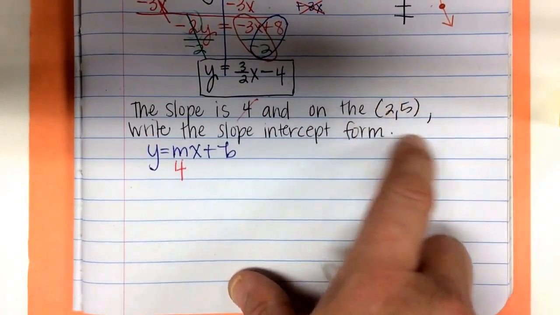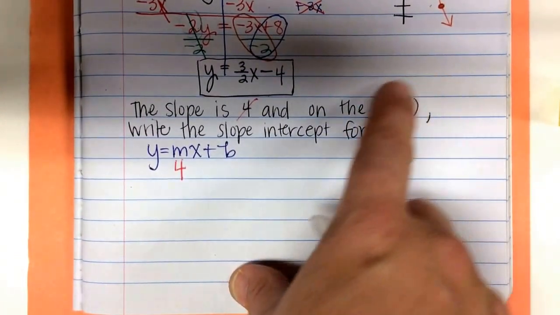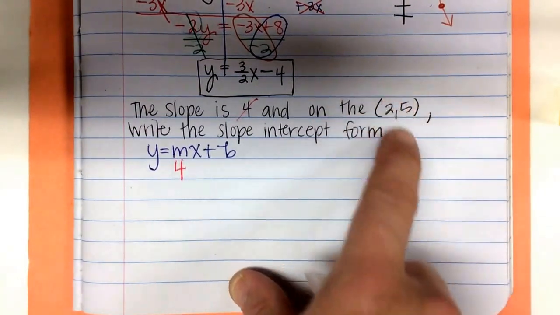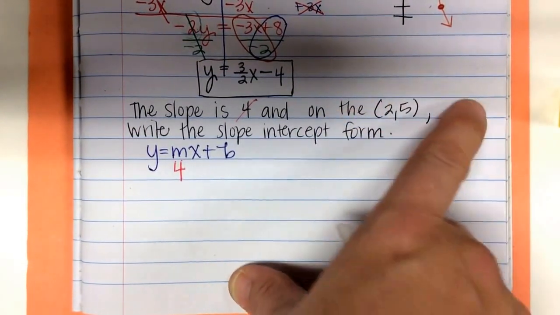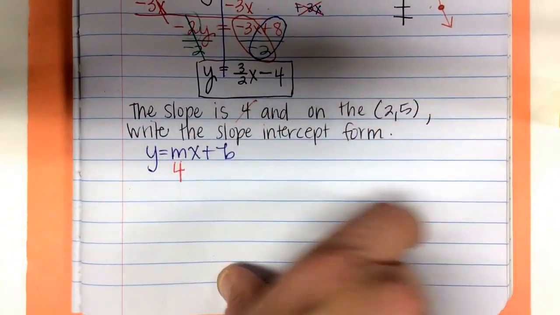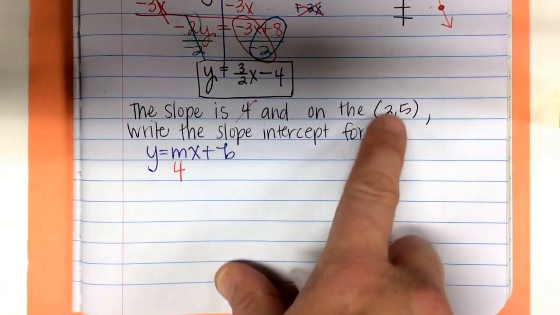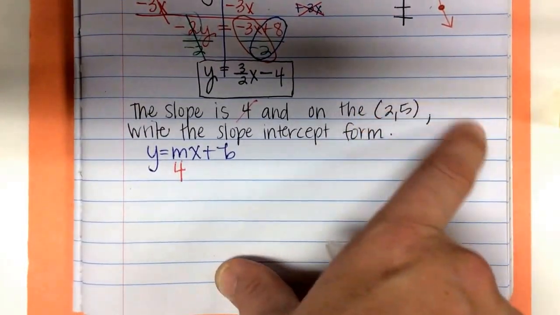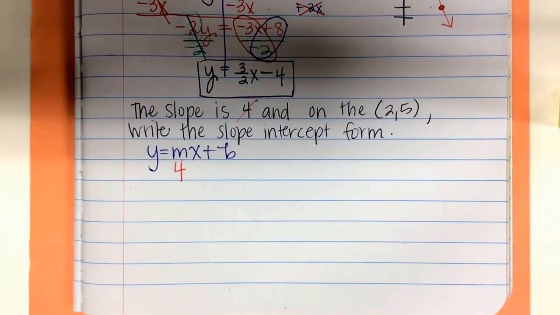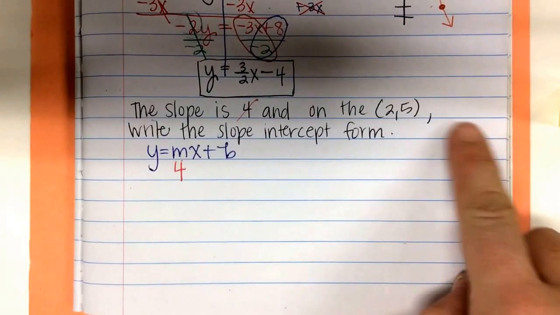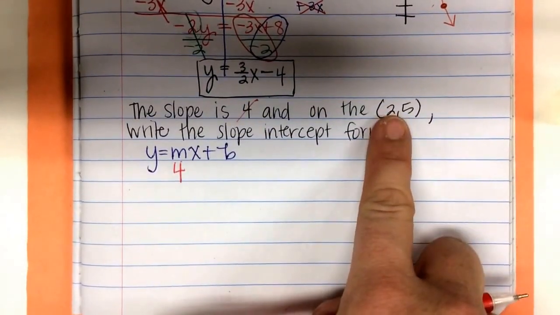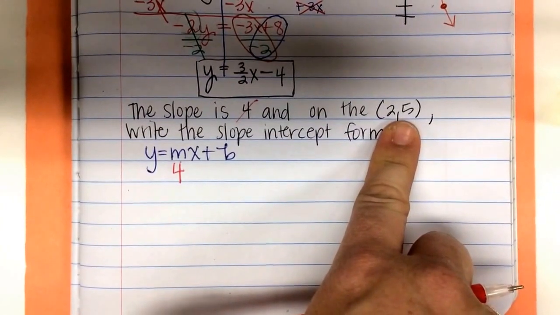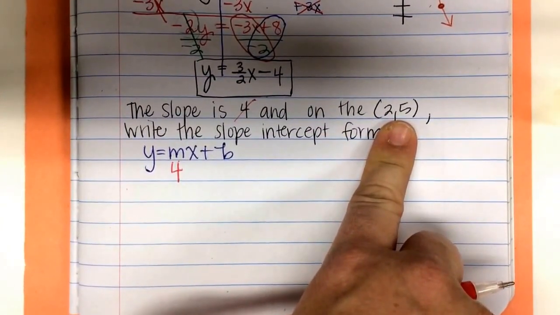I wonder where I could put 2 and 5. Sam, where can I put 2? Well, I'm not going to make a fraction out of it. It's an ordered pair. Samantha, what am I going to do?